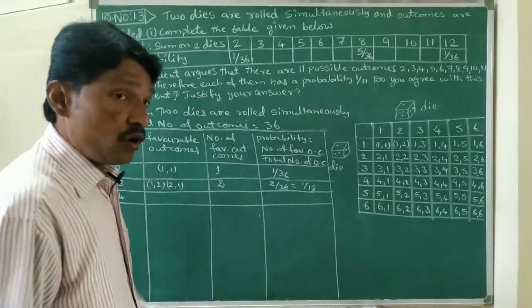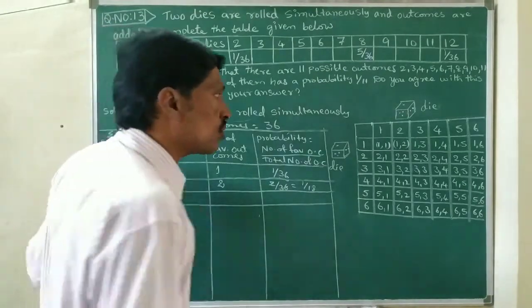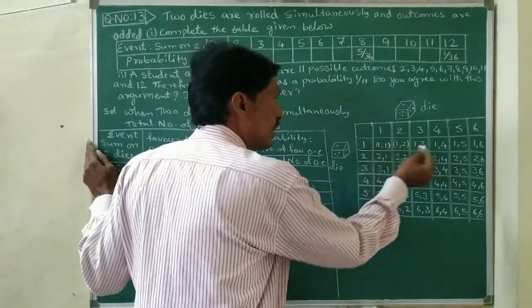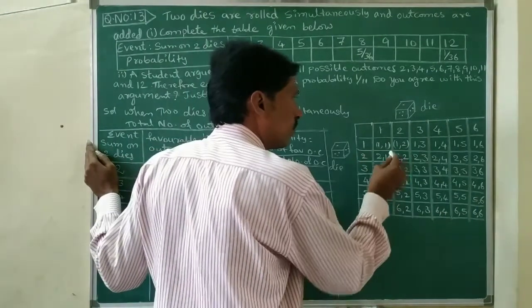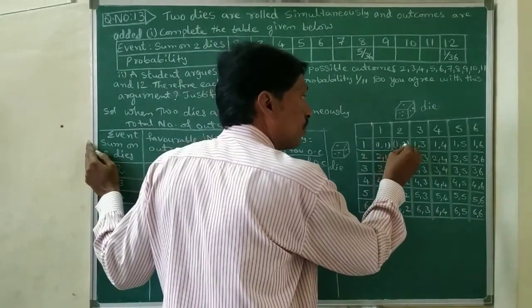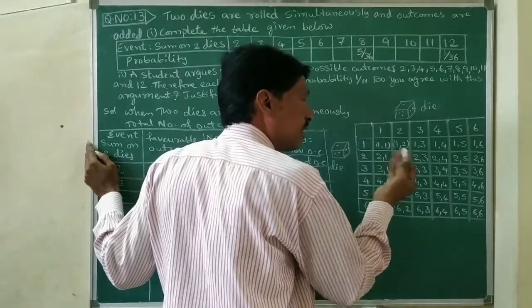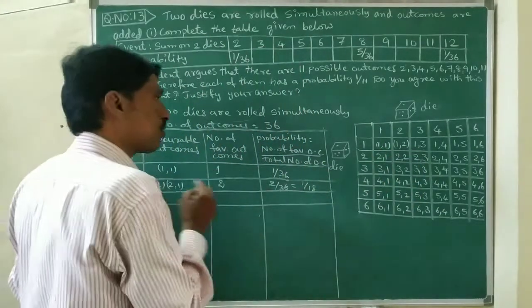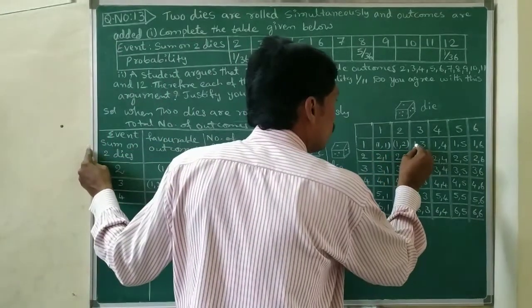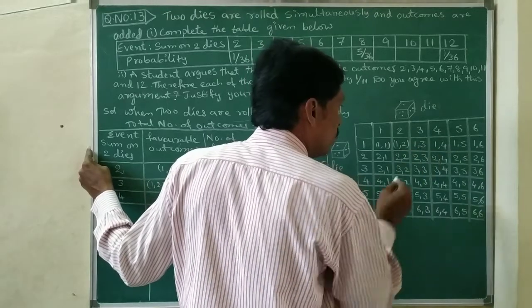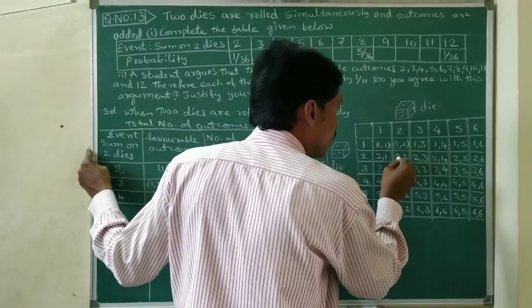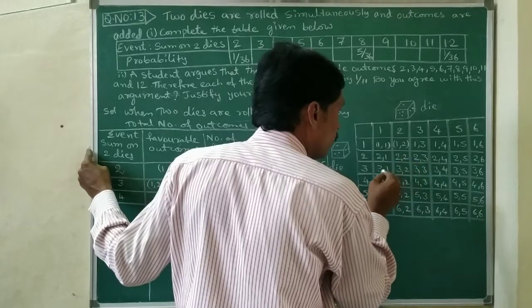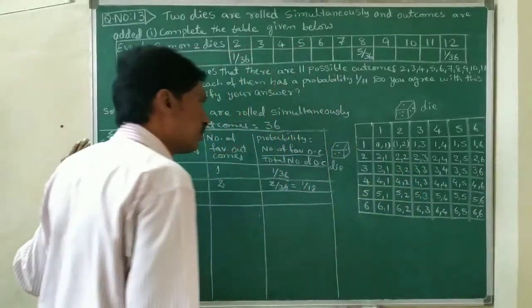Next, 4. Now, favorable outcomes for 4. Here 1 plus 1 is 2, we are not getting 4. Here 1 plus 2 is 3 only. But here it is asked, sum of two dice is 4. So here 1 plus 3 is 4. Here we are getting 2 plus 2 is 4. Here 3 comma 1 is 4.